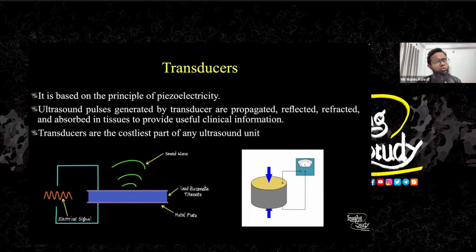We have heard about this in our physics class. Anyway, the transducer is the most expensive part, so before dropping it, you should be careful. You should know the price of your transducer before dropping it.